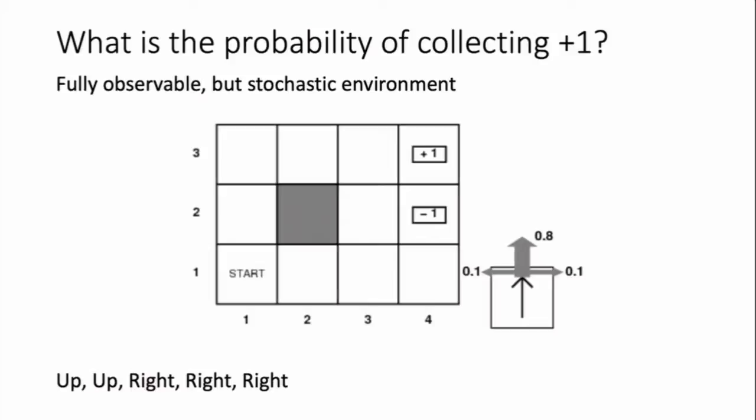And so on. So what we get is 0.8 to the power of 5 plus 0.1 to the power of 4 times 0.8, and that's something like 0.33 probability. So if I blindly stick to my policy like this, I get about a 33% chance that I'm actually going to collect one.